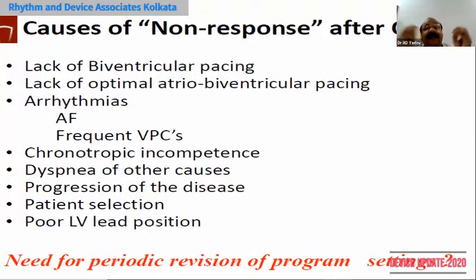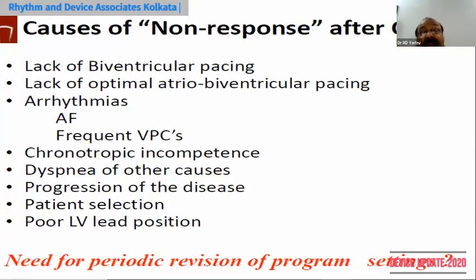But false biventricular pacing may not give benefit. It should be proper effective biventricular pacing. Even if the biventricular pacing percentage is 98% or 99%, it may not be effective, meaning synchronous conduction doesn't occur, and then there will be no benefit. So it should be effective biventricular pacing.